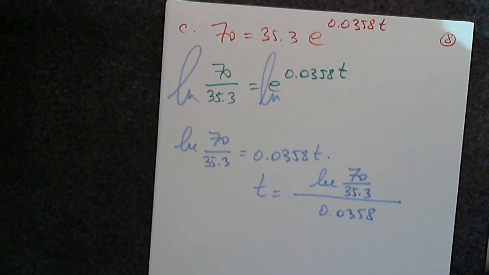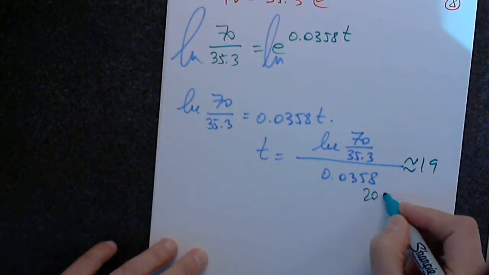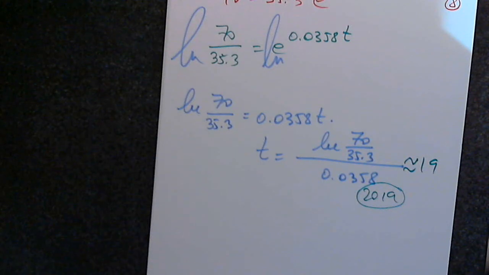What does this mean? In a little over 19 years. Excellent. So it appears that this should be roughly 19. So this year, assuming the model still holds, the population will reach 70 million. Any questions?